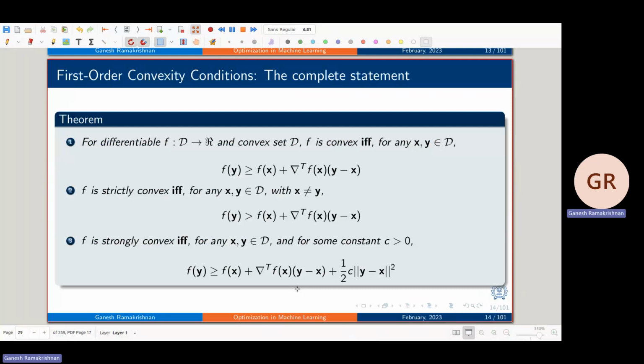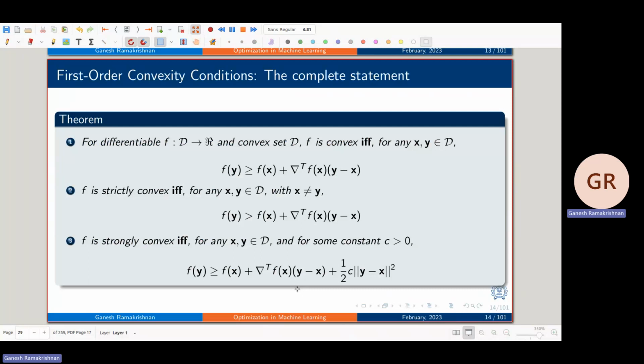Okay, let's do this, which is more serious business. What we are trying to show here is that this hyperplane, the supporting hyperplane, whether it's for the epigraph or for the quasi-convex sublevel sets, has its origins in gradients.